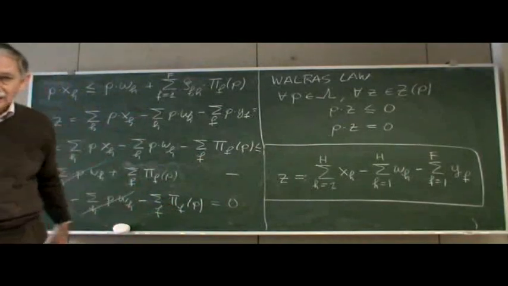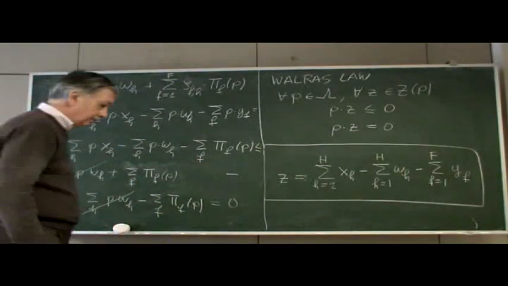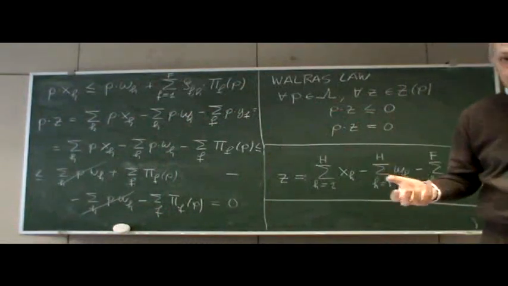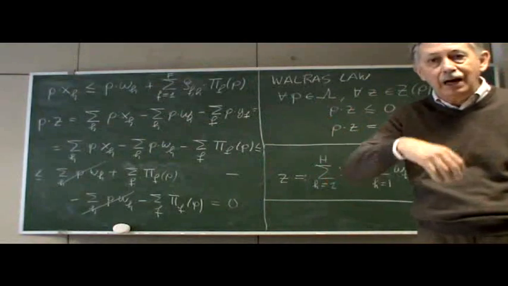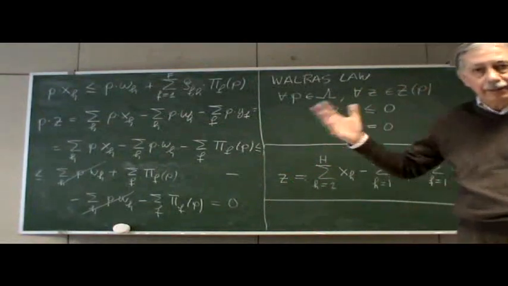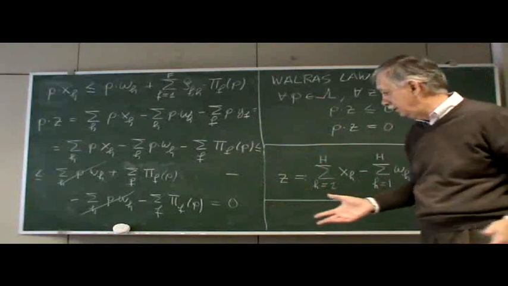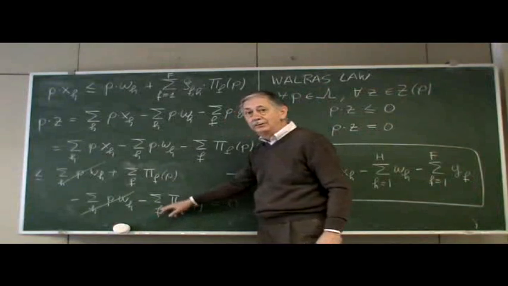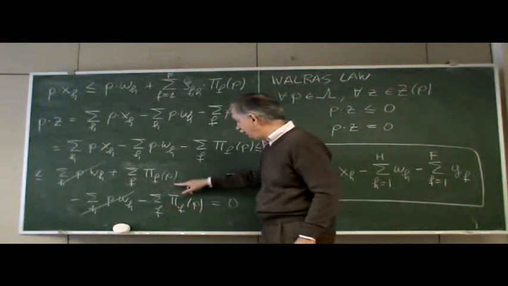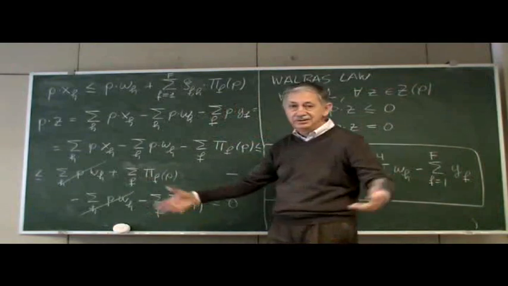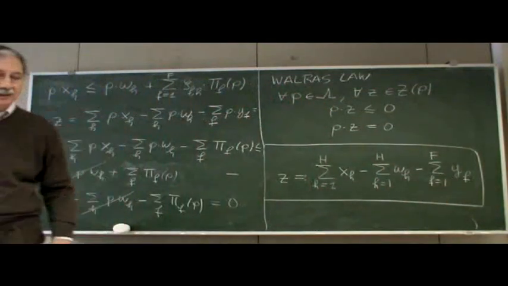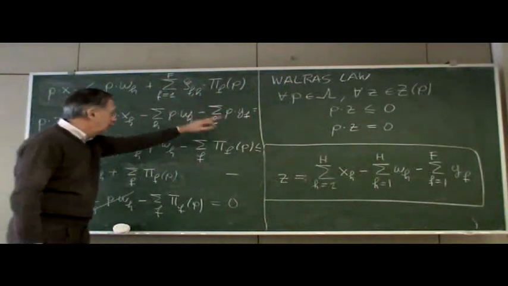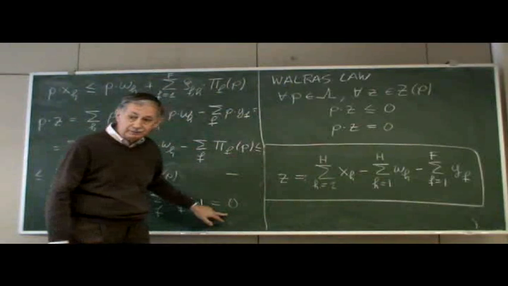This is another algebraic step. But this sum is nothing but the sum of the shares in profit of the F firm held by the different households. And by assumption, this sum is equal to 1. So you can eliminate it, and there remains only the sum of the profits. Sum of profits minus sum of profits, 0. You obtain the desired result. The total value of vector Z is less or equal than 0.